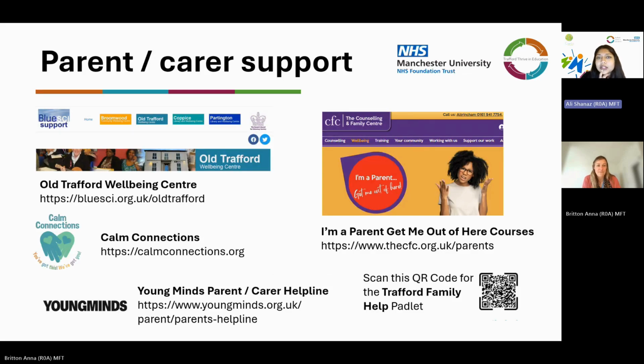And then we have support for parents and carers. So there's Old Trafford Wellbeing Centre, Calm Connections, Young Minds has lots of really good resources for parents and carers. There's the CFC courses as well, and we've got a QR code on the bottom here that you can scan with your phone, which will direct you to the Trafford Family Help Padlet.